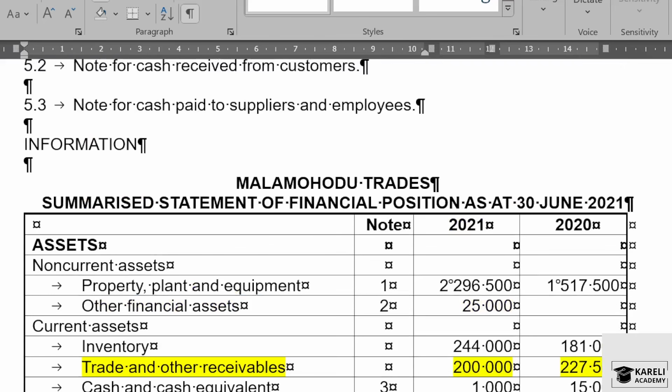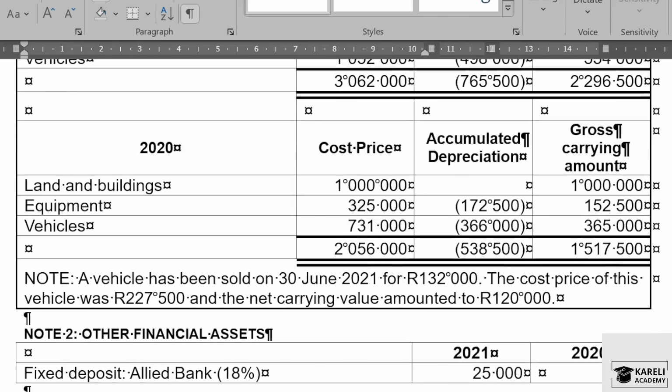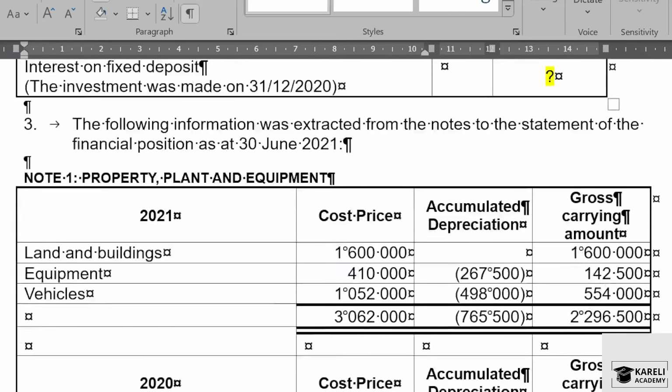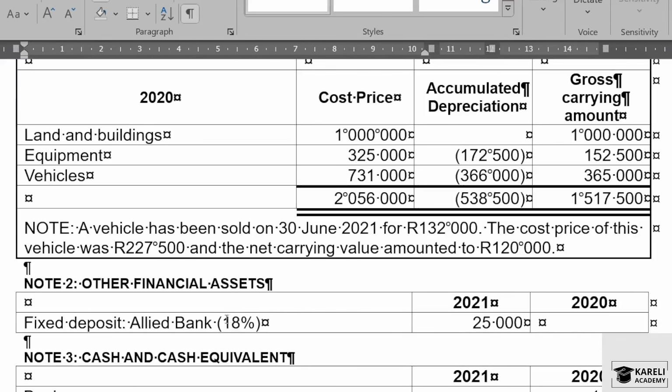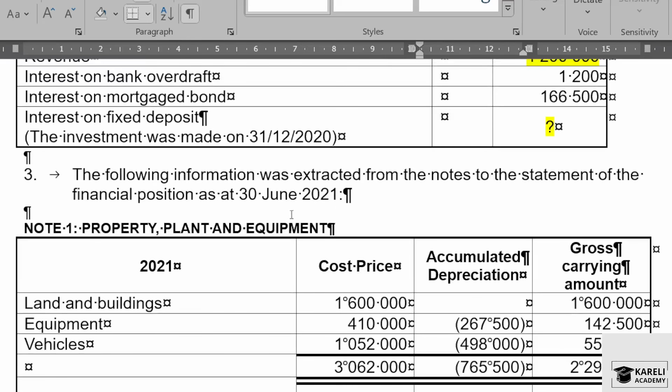The end of the period is June 2021. So when I count, it's 6 months. We want 18% of this 25,000. And then once we get it, we must check how many months we have had that investment. It would be January to June, 6 months.